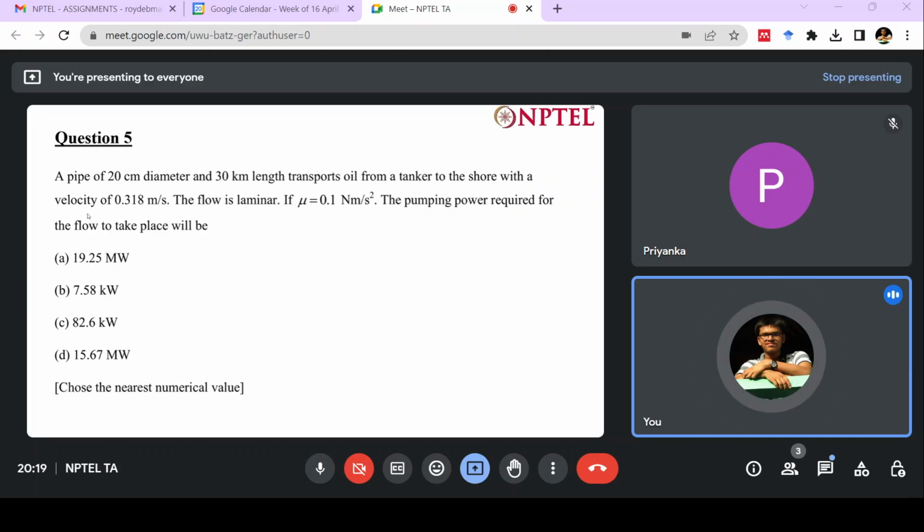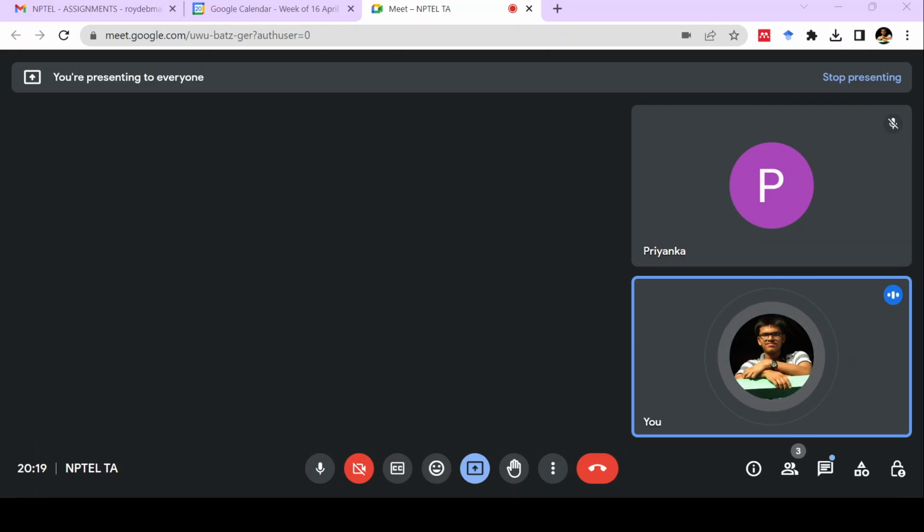We will assume it as our average velocity, and this average velocity will not change throughout the whole length of this pipe. So the flow is laminar and viscosity is given. So we have to find out the power. Can you tell me how we can do this? Which concept do we have to use there?